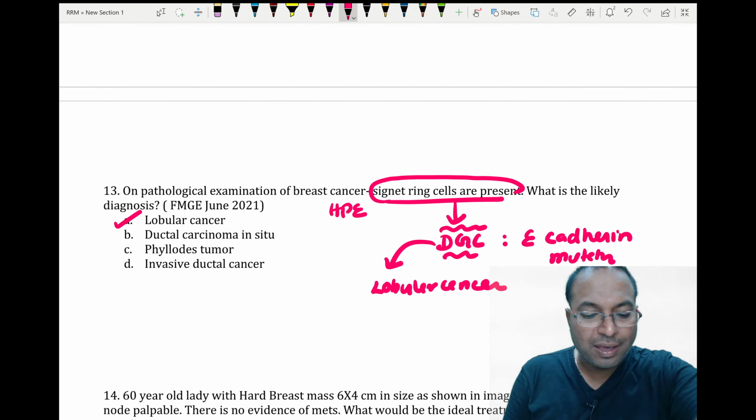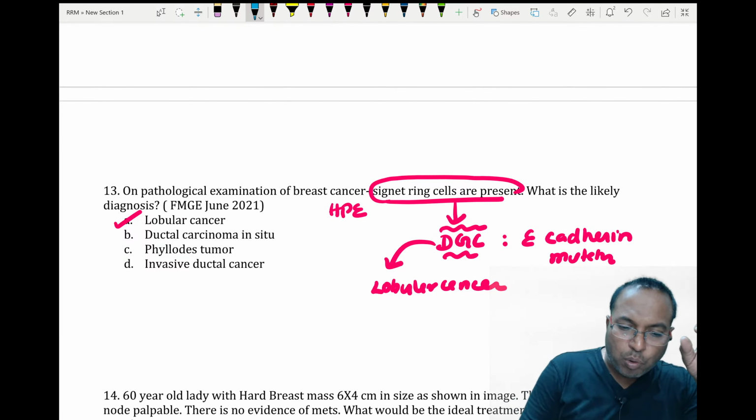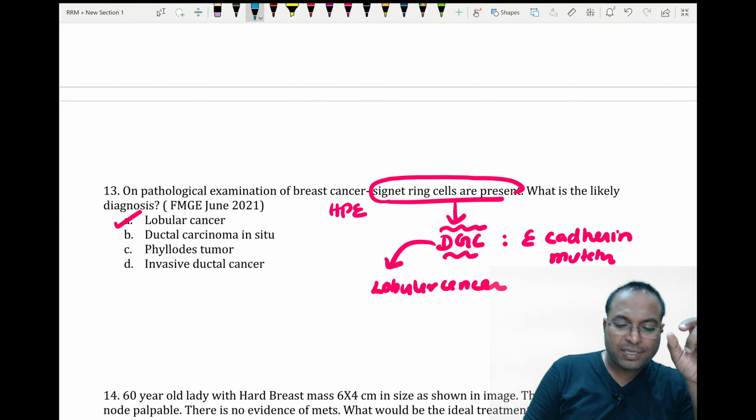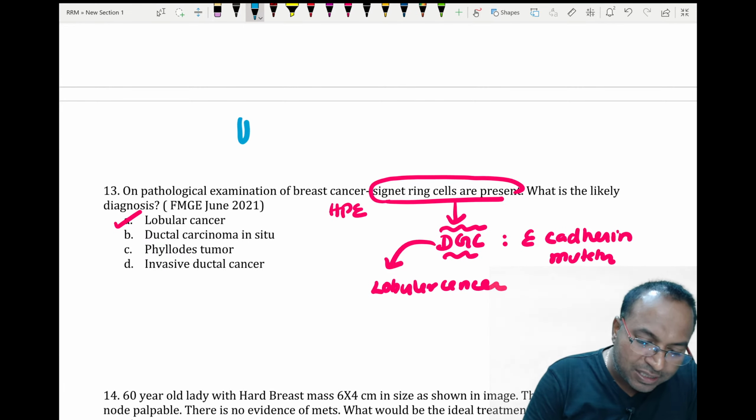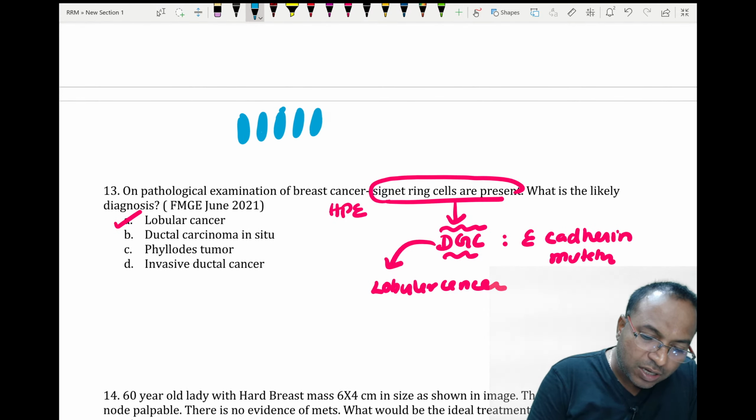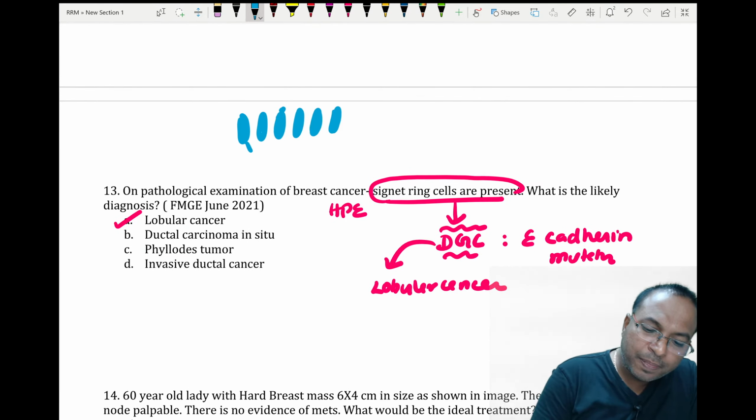Therefore, the answer is A here. But there is one interesting point in lobular cancer of breast. When I take a biopsy, the cells are arranged like this. What is this? In a lobular cancer, the cells are arranged like this. It is known as Indian file pattern, like red Indians walking in a line.